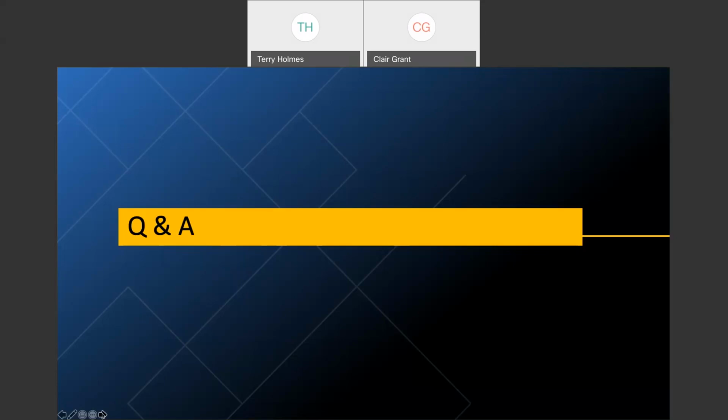Next question, has the problem with TOY on system resumption in VMs been corrected? Oh, this is a bit of a controversial question. I'm going to make a guess at what is really being asked here.